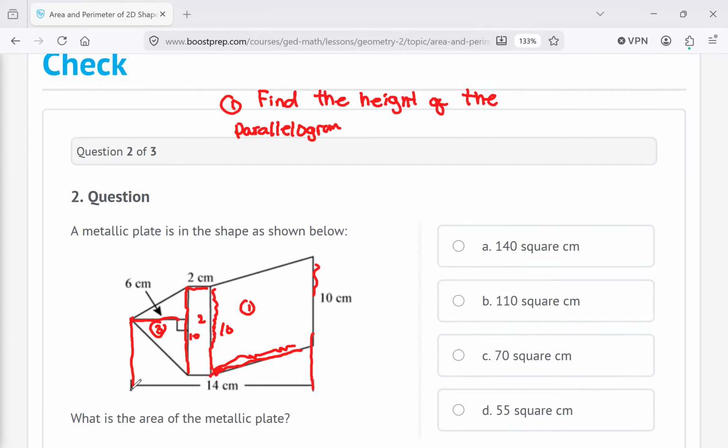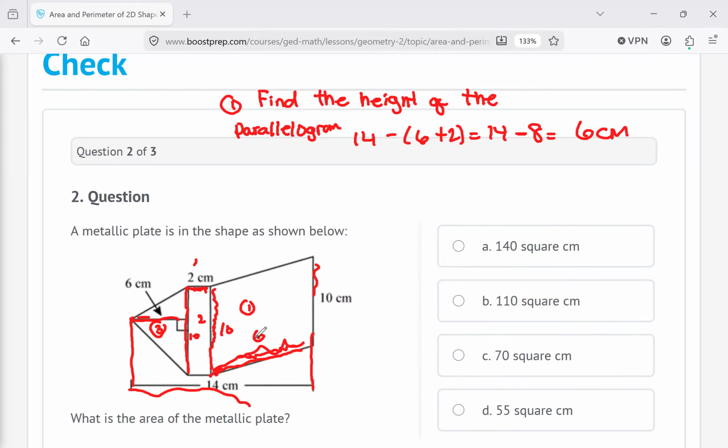The total horizontal distance is 14, that was given right here, minus this distance, which is 6, plus this distance too. So it's going to be 14 minus, and then 6 plus 2 is 8. And then 14 minus 8 is 6. Okay, so we just found this distance, which is 6. So we have all the side lengths we need.